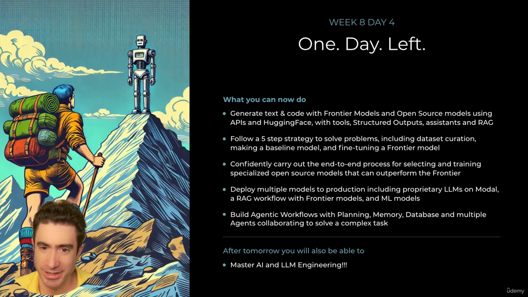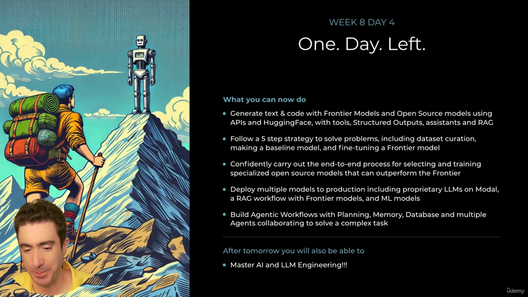You can deploy models to production now. You can use Modal to put something up there on the cloud. You can also productionize your code in other ways and prepare it into something that can be run in production environments. And now you can build agentic workflows with planning, memory, databases, and multiple agents working together to take a complex task and break it down.